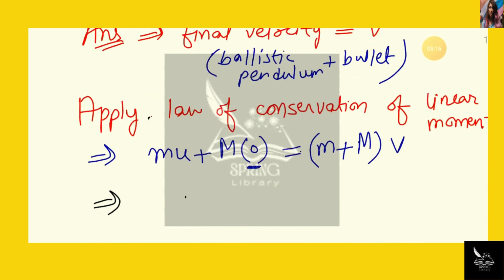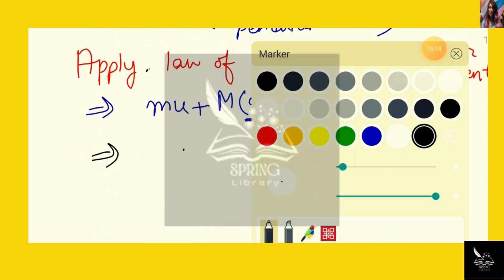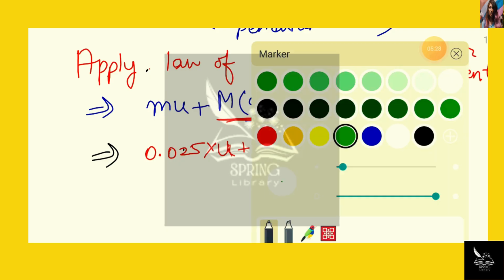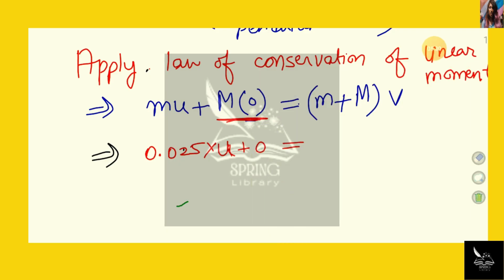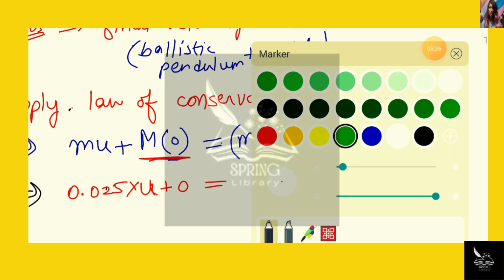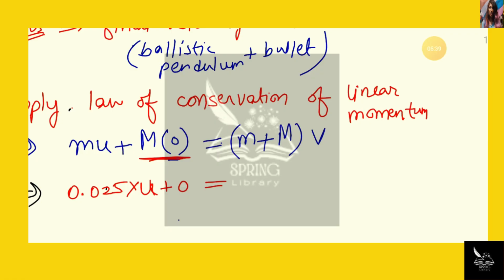So it is 0.025 multiplied by u, plus 0, equal to (0.025 plus capital M, the mass of the ballistic pendulum, 5 kg) multiplied by v.